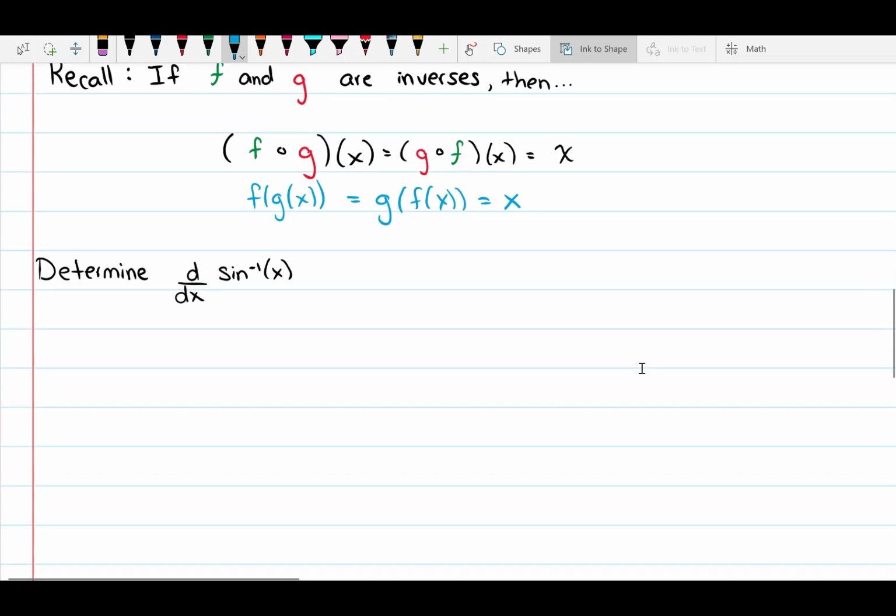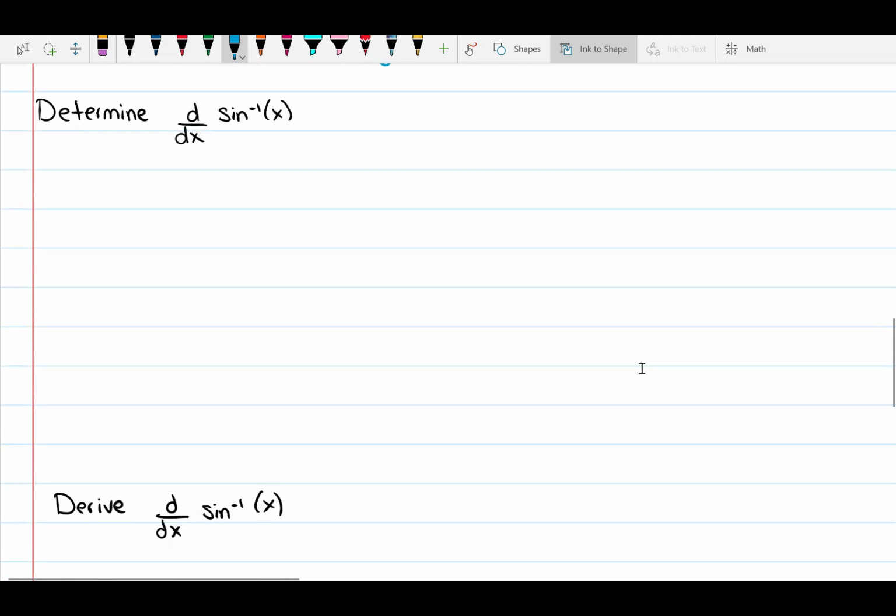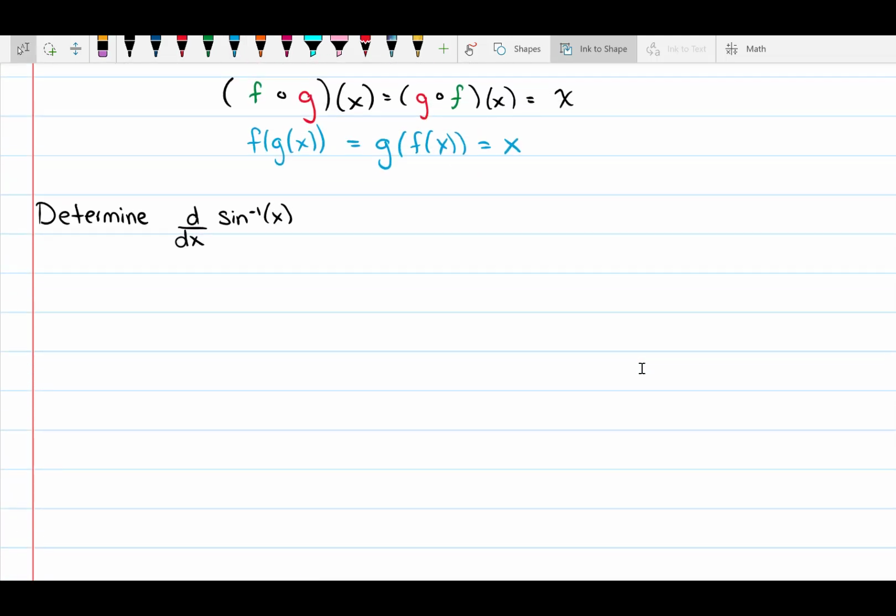Alright, so the actual problem we're going to work on today is determining the derivative of sine inverse of x. So the first thing that should be going off in your brain is you should be going, wait, you just told me that we have a huge problem here. What do you think the problem is?